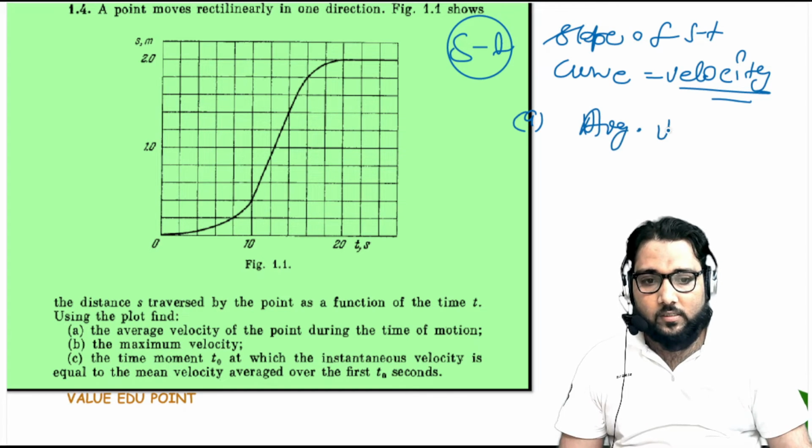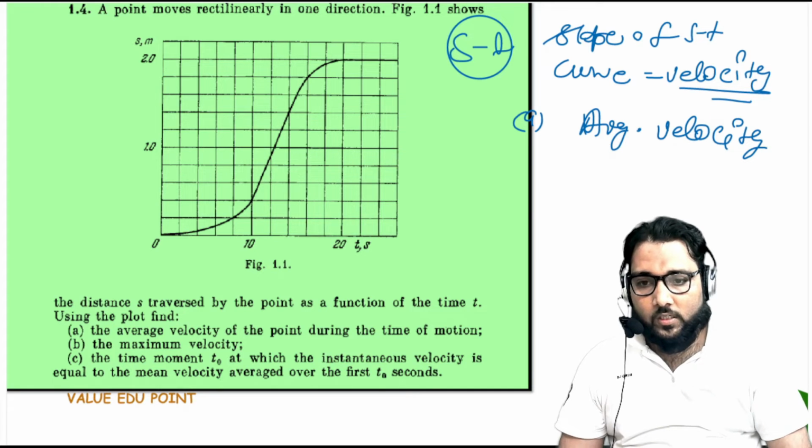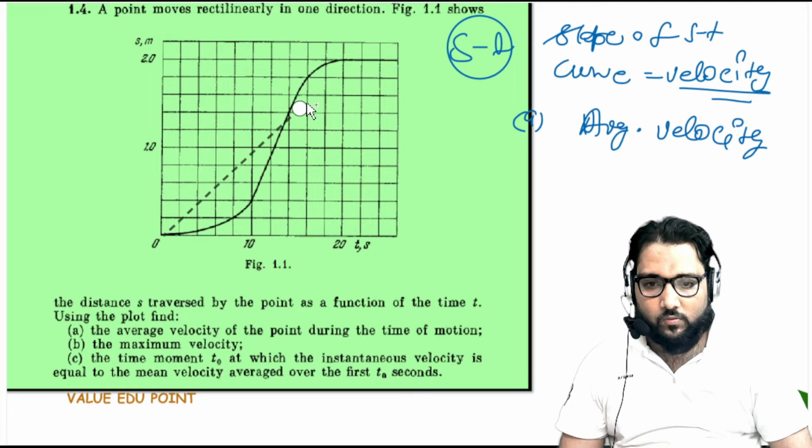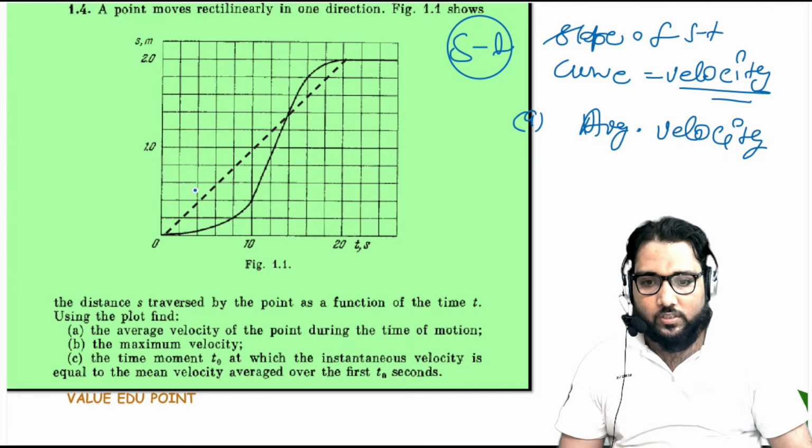Remember, whenever you are asked the average velocity, join these 2 points, first initial point to last point. This gives the average velocity, v average.